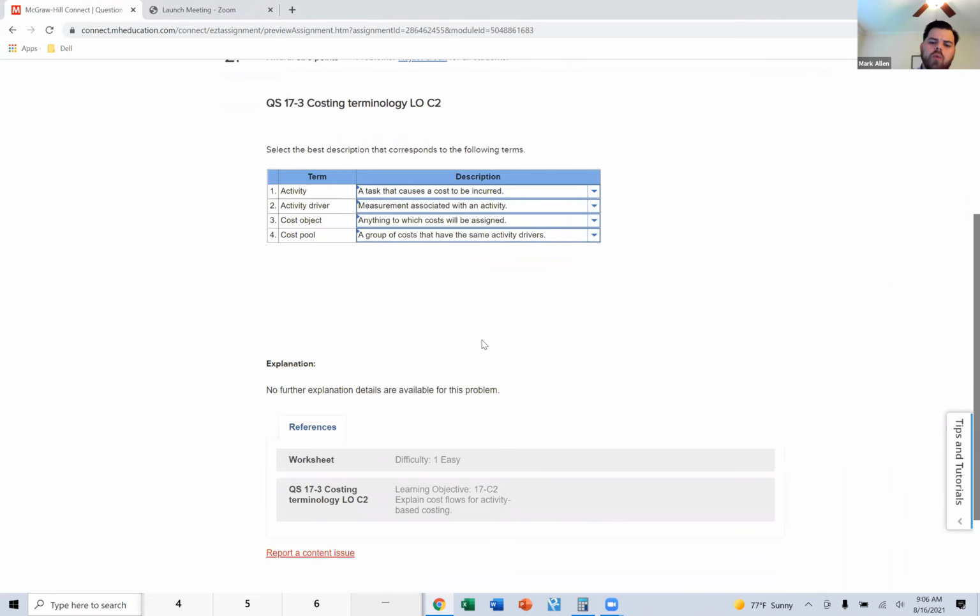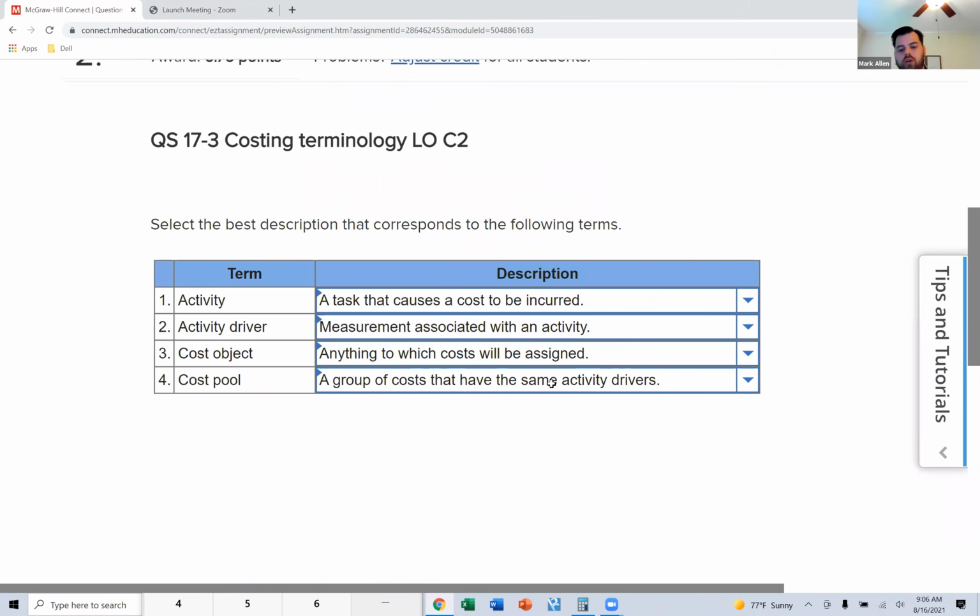Now, number two, we're looking at some more terminology type stuff. So the first one here, an activity. This is just anything that we do that would require a cost to be incurred, right? So by doing this, a cost is now necessary, a cost is now generated, right? So anytime I incur welding hours, right, that could be an activity, right?